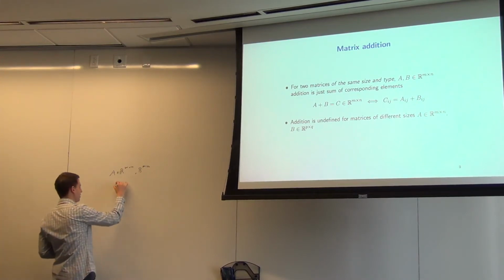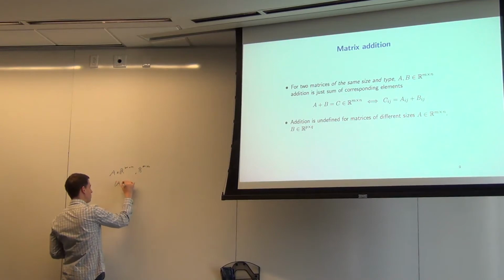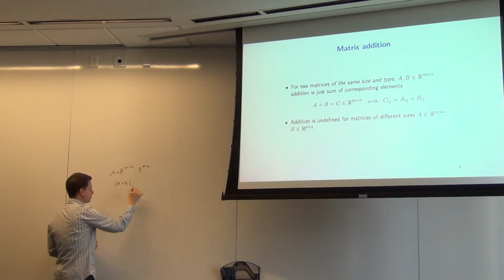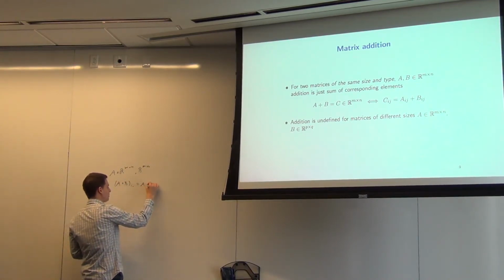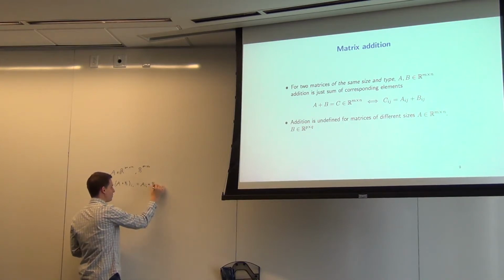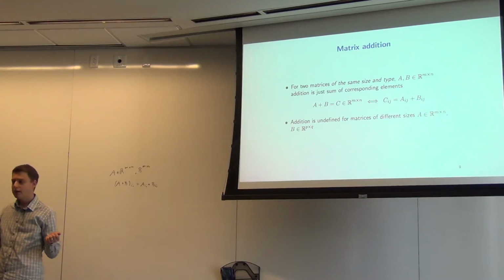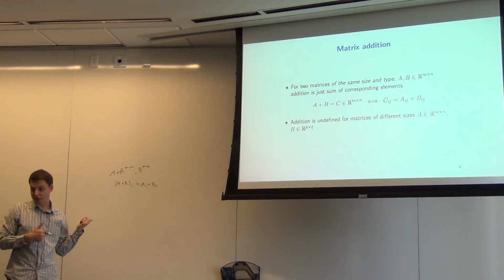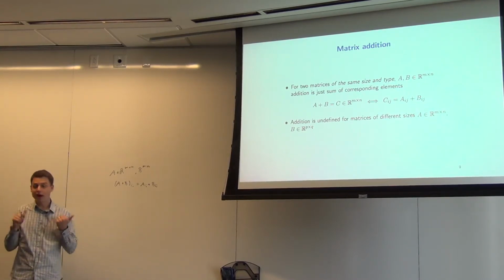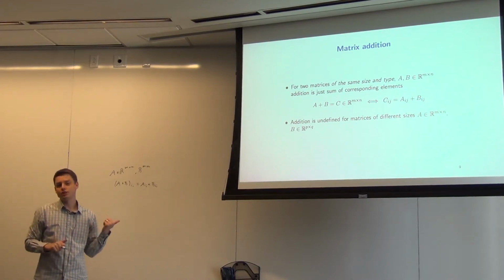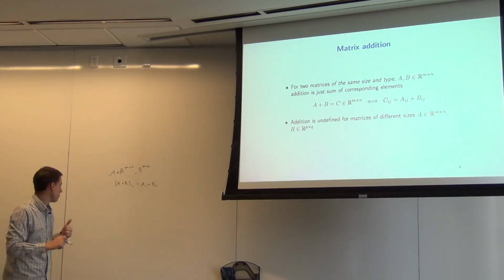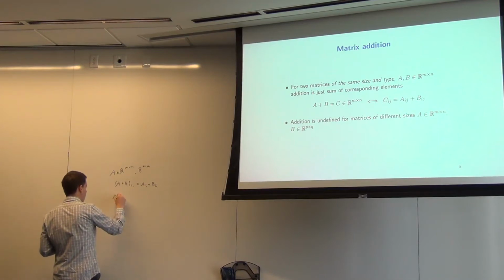Then the ij element of A plus B is just the ij element of A plus the ij element of B. So we just take the corresponding elements and add them up. This should make it obvious why they have to be the same size: if they're not, they don't have corresponding elements, so you can't do it. You can't write something like A plus 2.